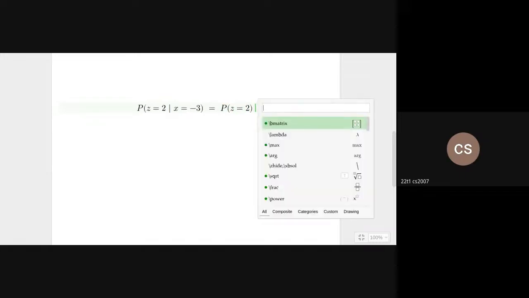This is P of Z equal to 2 times P of X equal to -3 given Z equal to 2, that is, the density of the Gaussian given the second mixture, and I divide this by f of x equal to -3.